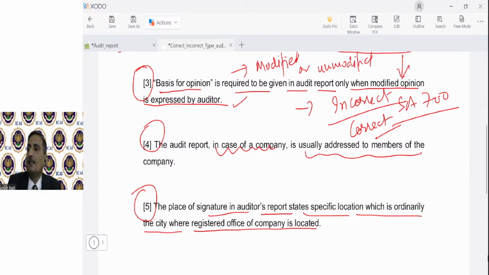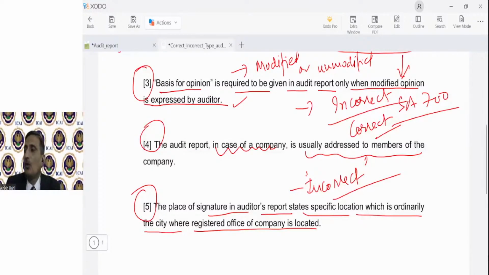So the answer is incorrect. It is the place where he has signed the report. It is incorrect. Okay. So Pratika, how are you saying it is correct? I told you that the place of signature is the place where the auditor has signed his report.